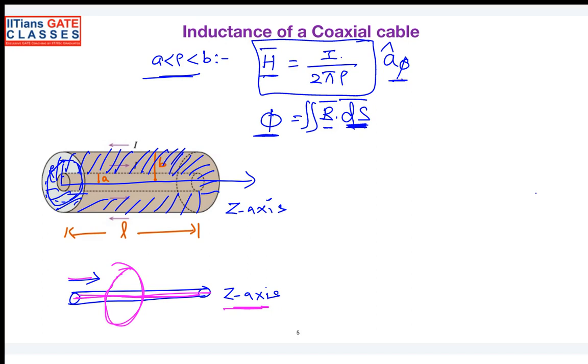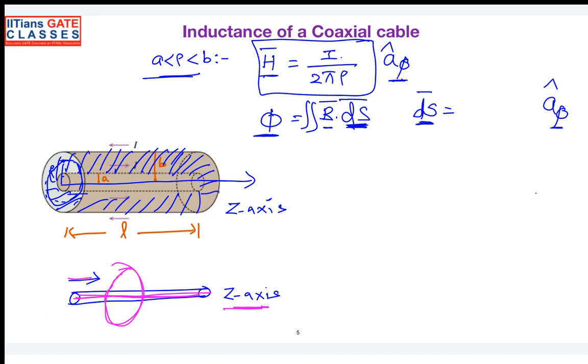So what is the surface you are going to consider? The direction of this surface should also be the same as phi. Do you remember what is the surface area for which phi is constant? In a cylindrical system, what is the differential surface area for phi equal to constant?